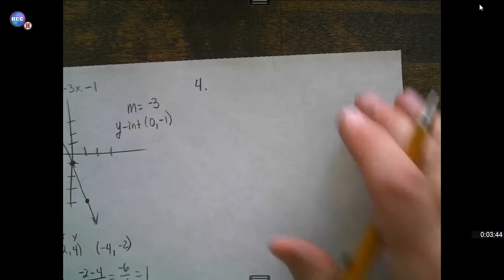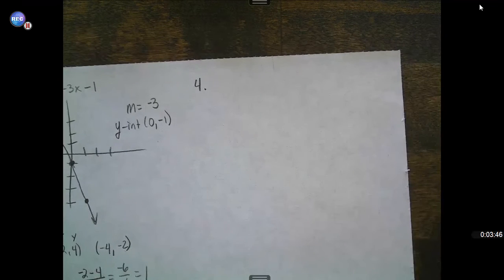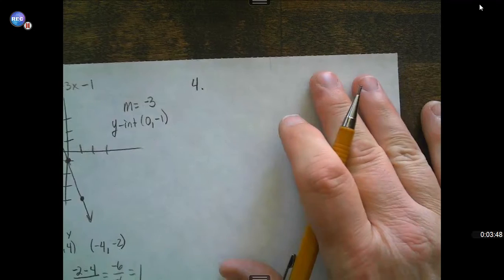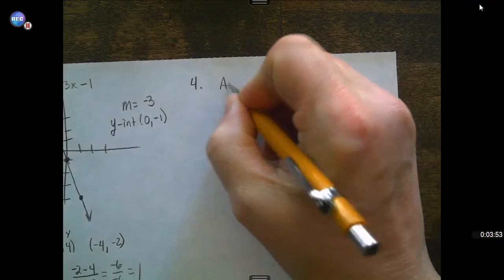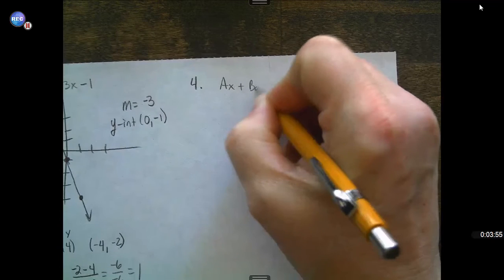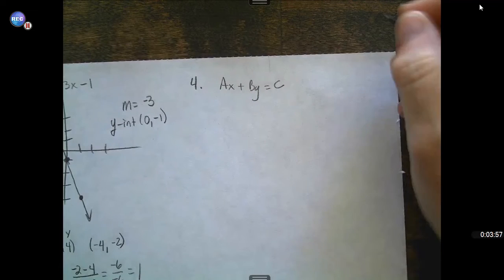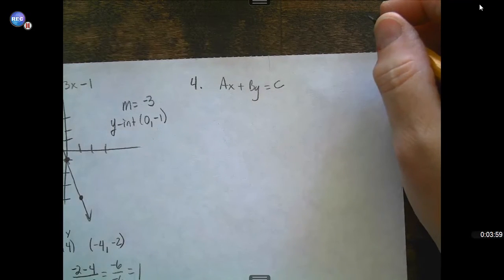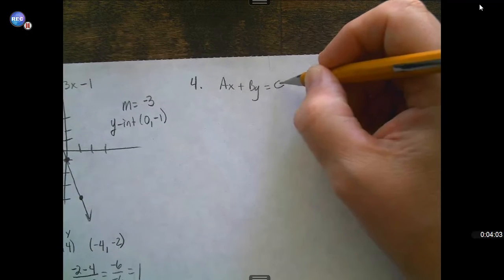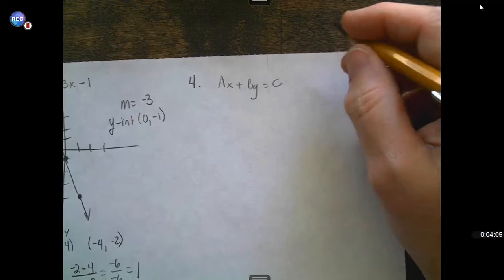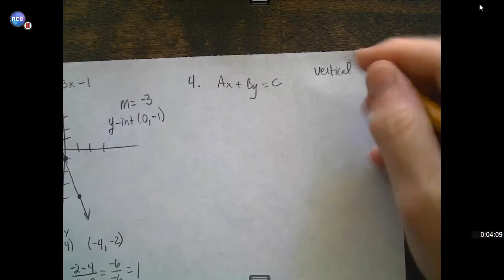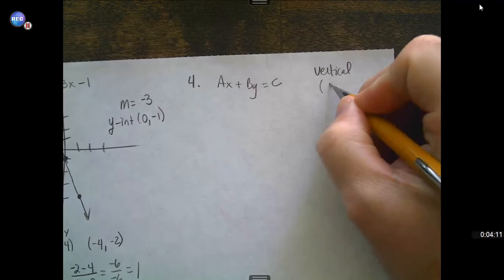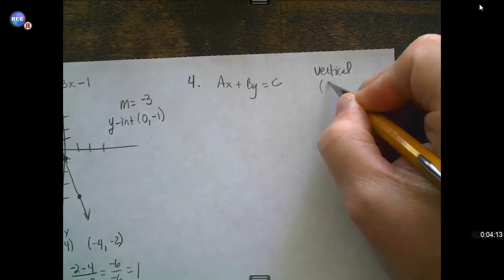which says, we have ax plus by equals c. And we want to know what values of a, b, and c would give us the equation of a vertical line through the point 6, 8.